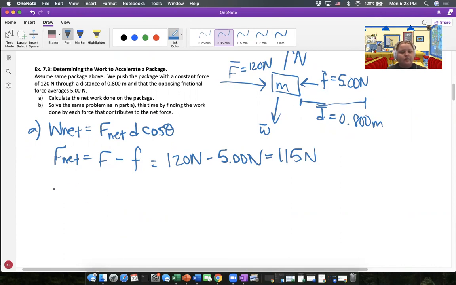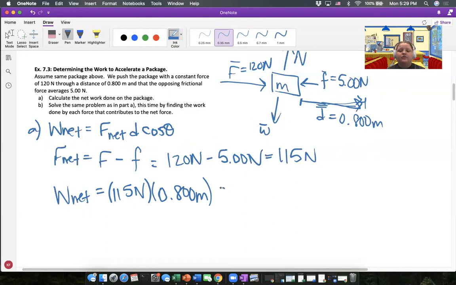So my net work is going to be my net force, which is 115 newtons, times my displacement, which is 0.8 meters, and my cosine of theta. Remember, our theta here is actually 0 since they're going in the same direction, meaning the cosine of 0 degrees is just equal to 1.